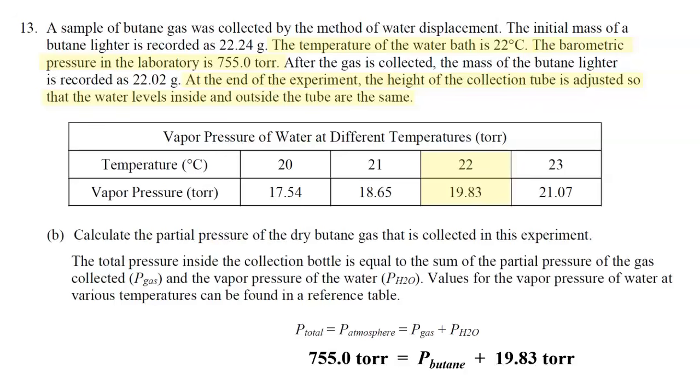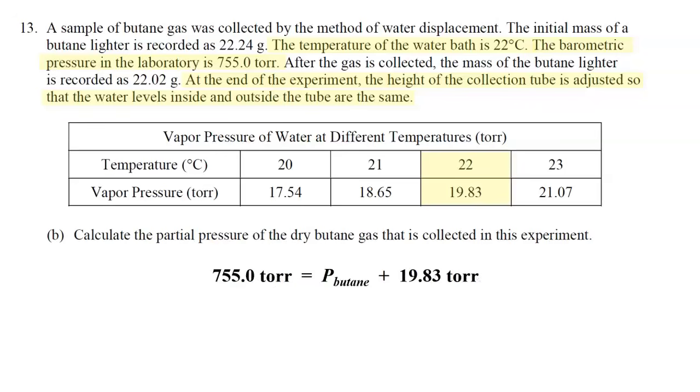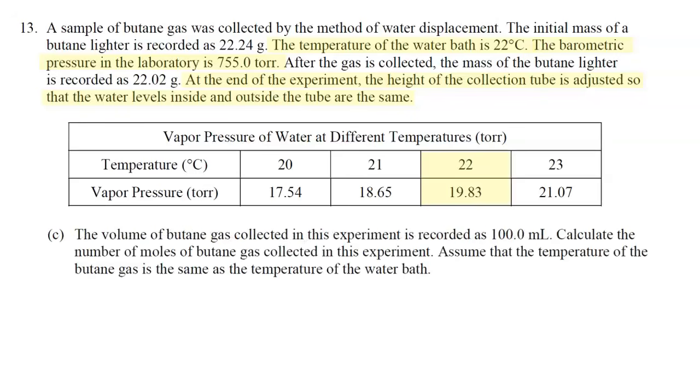That means that the difference between 755 and 19.83 will represent the value for the partial pressure of butane without the water, so the dry butane gas. So 755 minus 19.83 gives us a value of 735.17 torr. That number is the pressure of just the butane without the water. So that is the answer to part B, 735.17 torr.